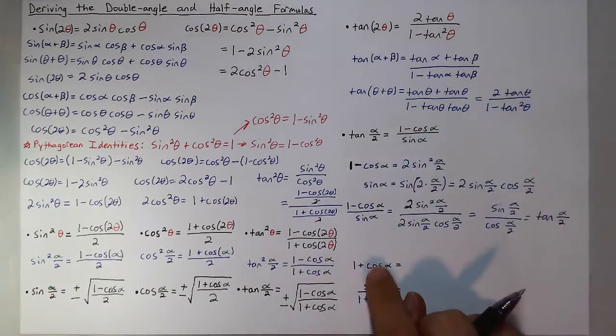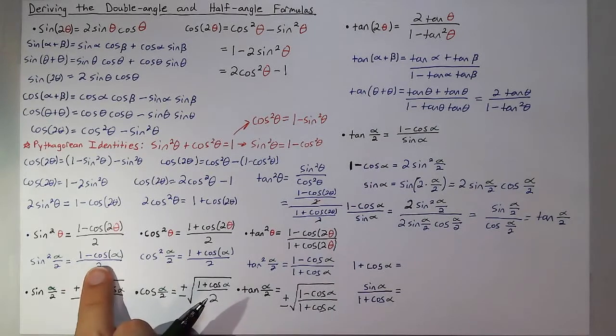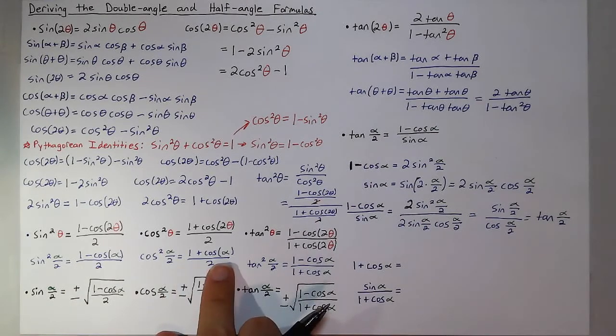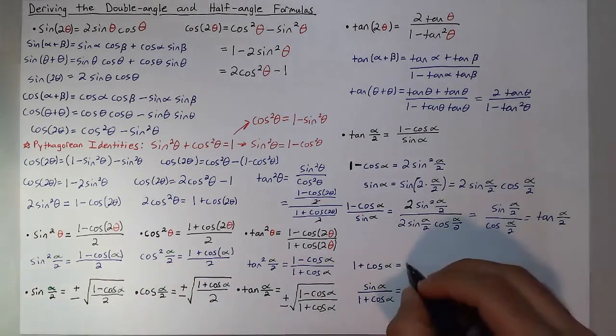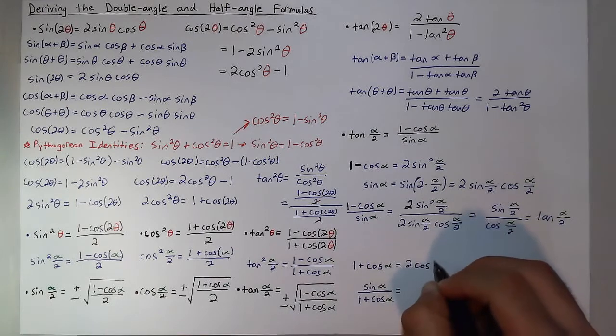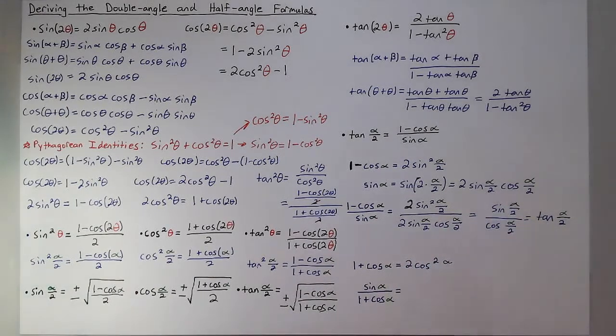And again, there's also another way I could have written this. Instead of using 1 minus cosine alpha, I could have also used 1 plus cosine alpha, which I see here, which is equal to, when I multiply by 2, 2 times cosine squared of alpha over 2. But now I don't want to put that in my numerator because that's going to be an extra cosine.